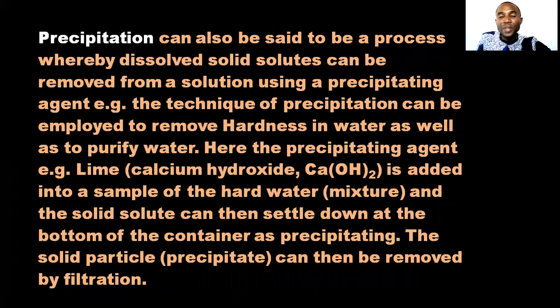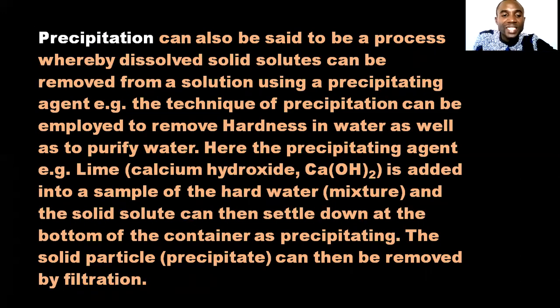All right, precipitation can also be said to be a process whereby dissolved solid can be removed from a solution using a precipitating agent. That's what we mean. By using a precipitating agent, the technique of precipitation can be employed to remove hardness in water, as well as to purify water.